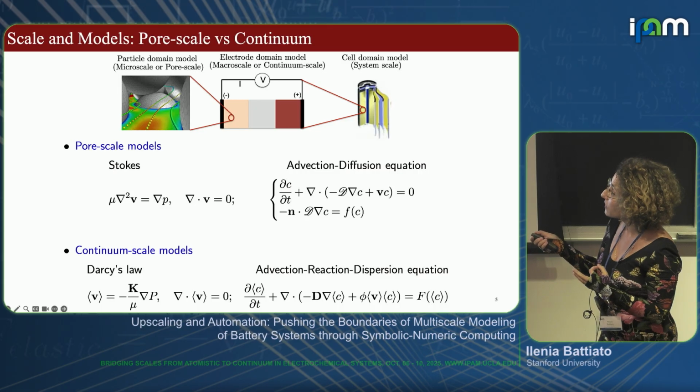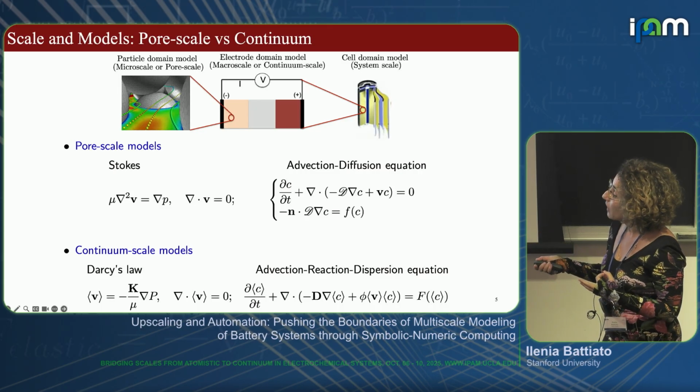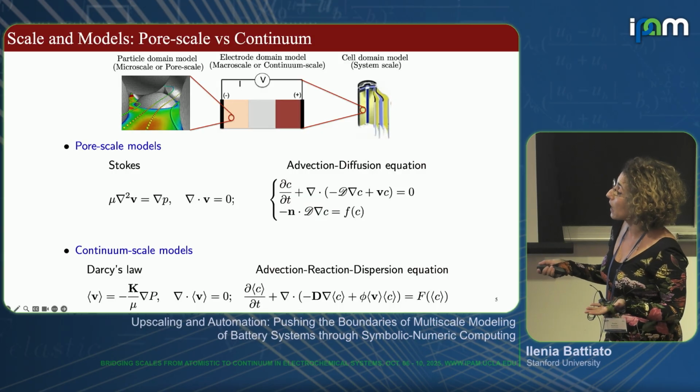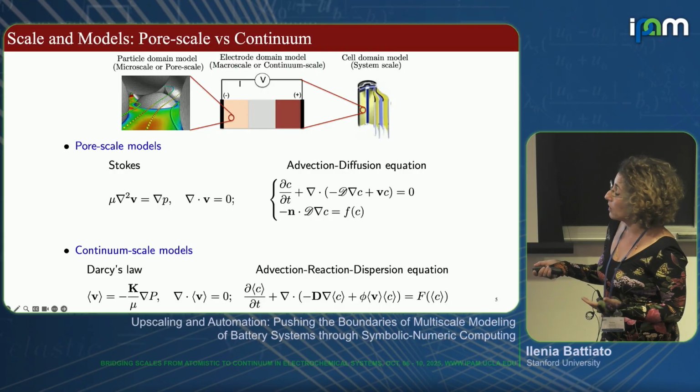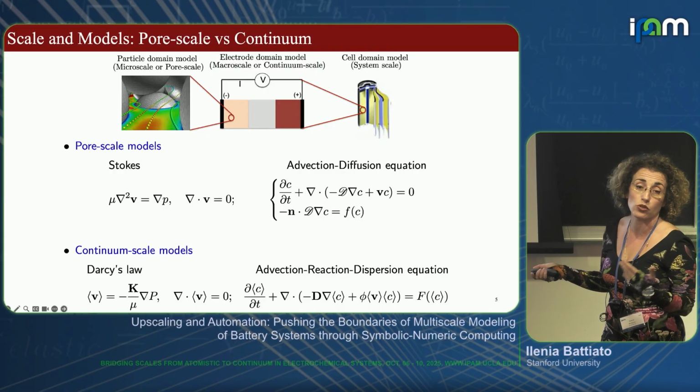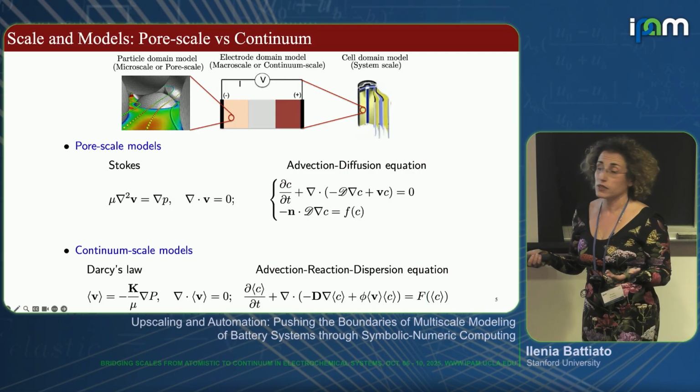And so in that context, the way we would represent exactly the same physics is that we would use, let's say, Darcy's law to model momentum, and we would use an advection reaction dispersion equation to model mass and reactive transport.